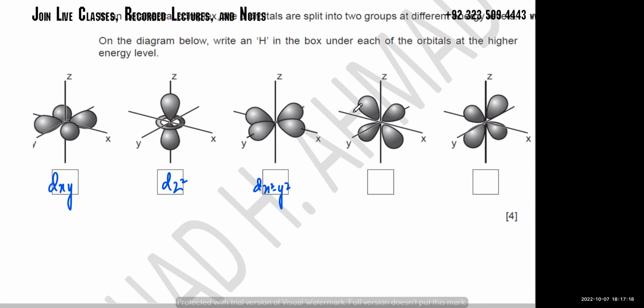Over here, the electron density is lying between the z and the x axis, right in the middle, so that's the dxz. And this one is the electron density lying between the z and the y axis, so that's your dyz.